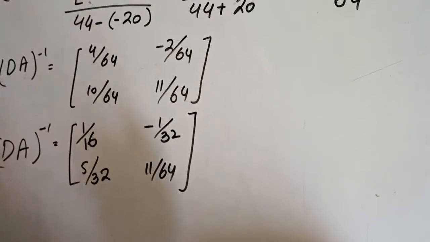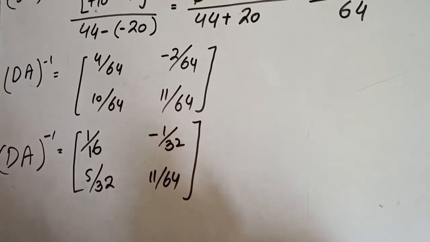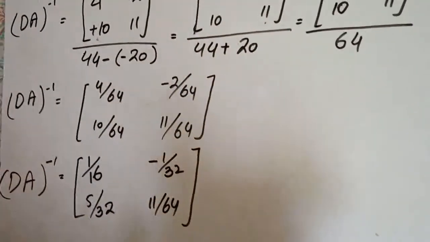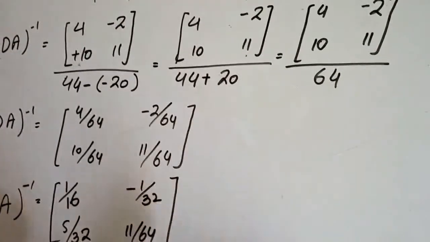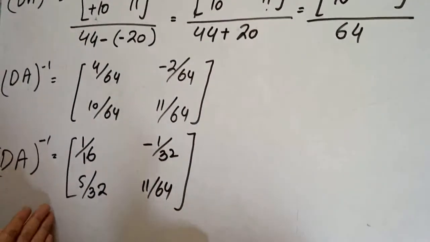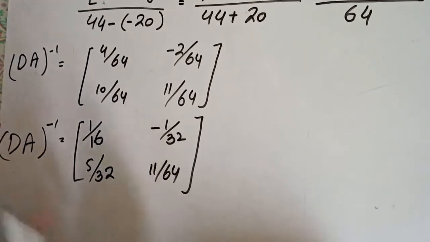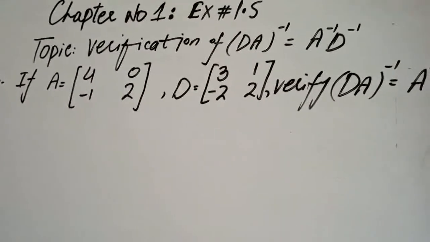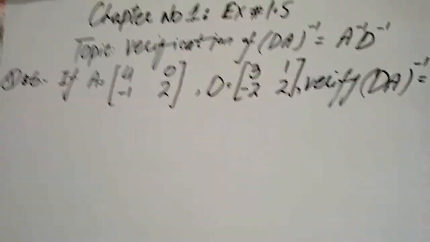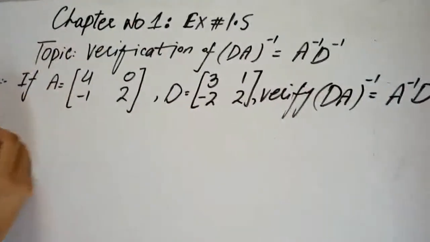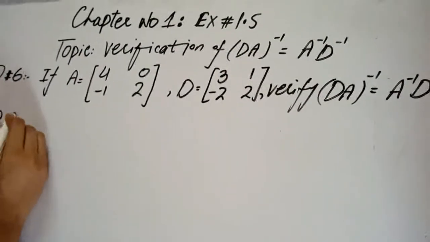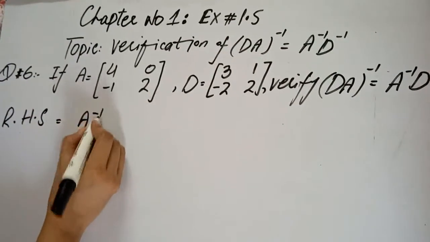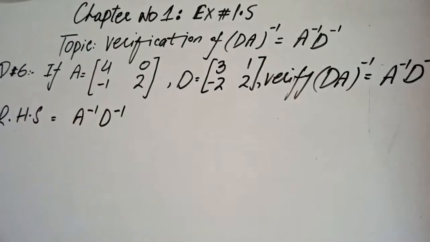Now we'll solve the right hand side, and after that, whatever resultant matrix we get, we will compare it with this side, whether they are equal or not. The right hand side is A inverse into D inverse.